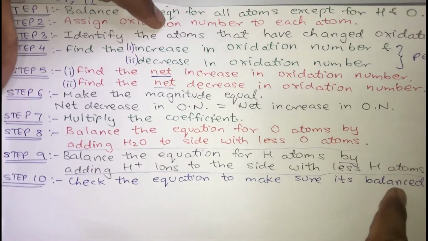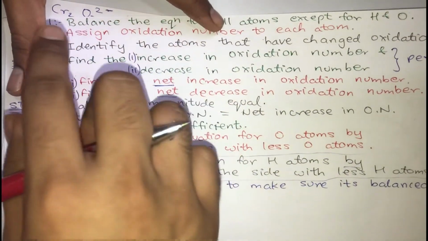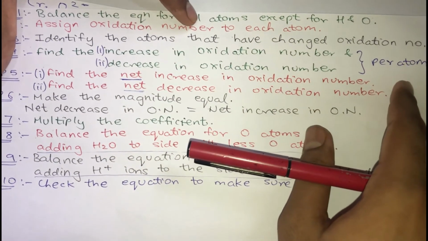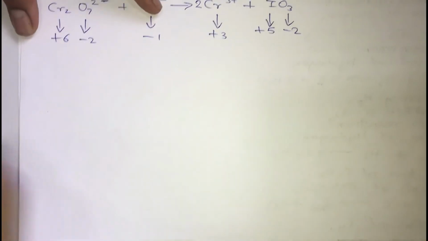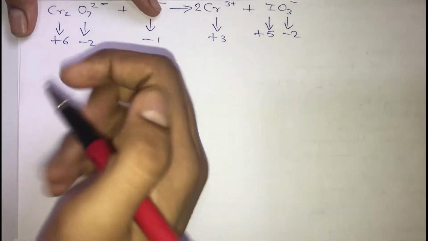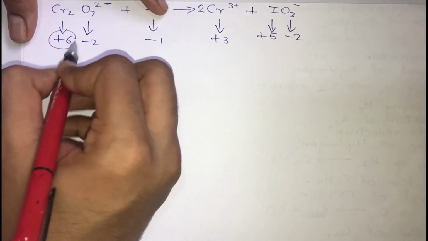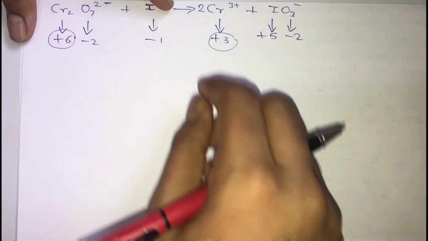Now the next job that we need to do: identify the atoms that have changed the oxidation number. Okay, so let's see whose oxidation number has changed. Here you can see the oxidation number of chromium has changed from +6 to +3.